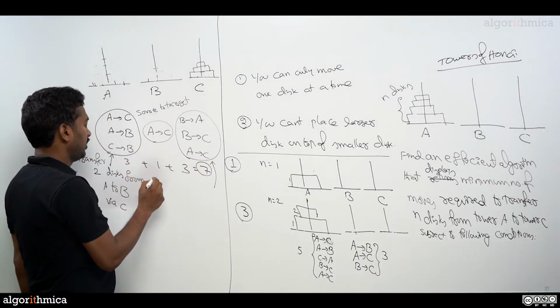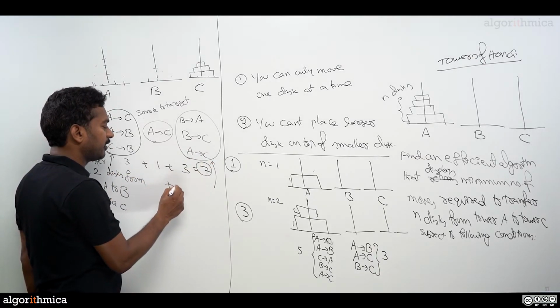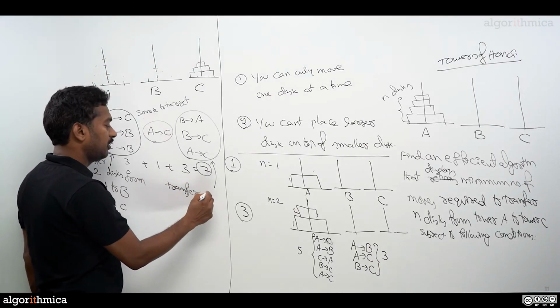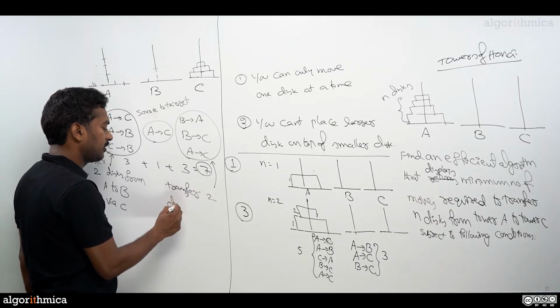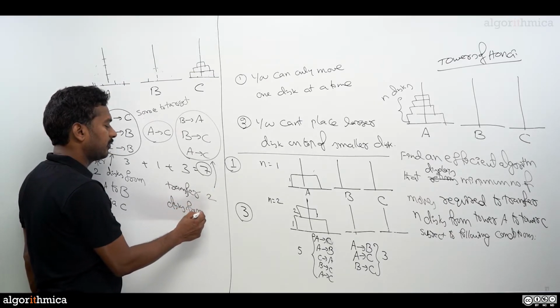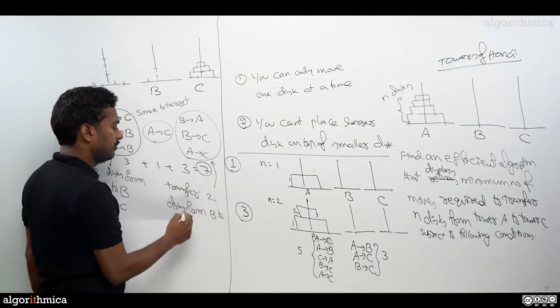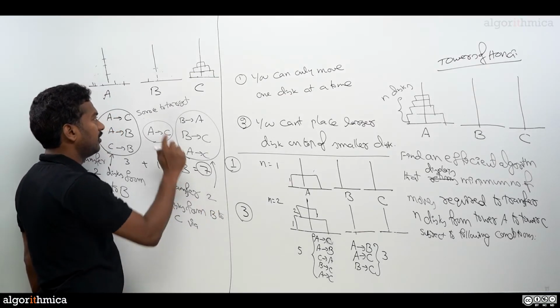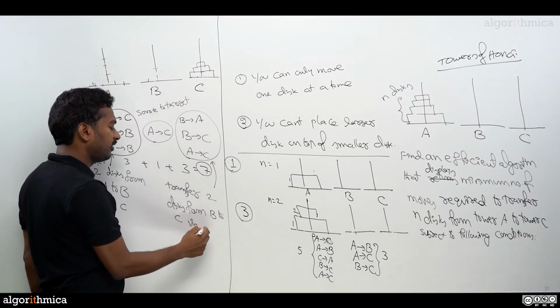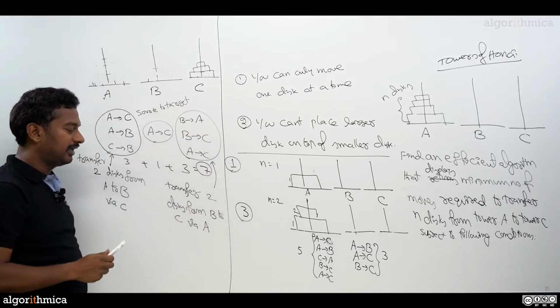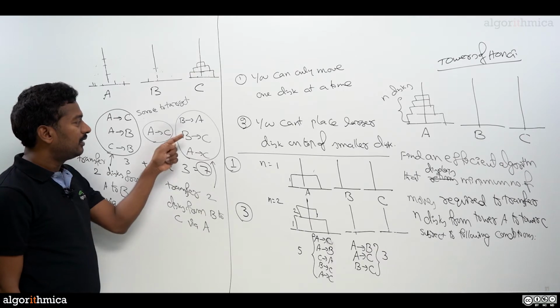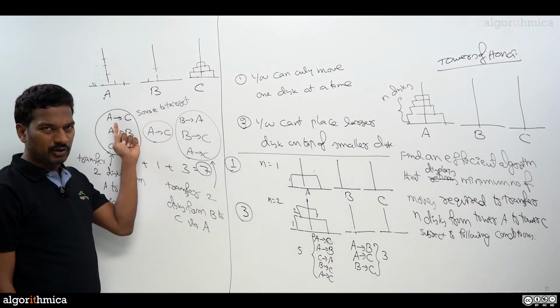Again we are doing a transfer of 2 disks from B to C via A. While moving B to C, I am taking help of tower A. Then we get the complete solution.